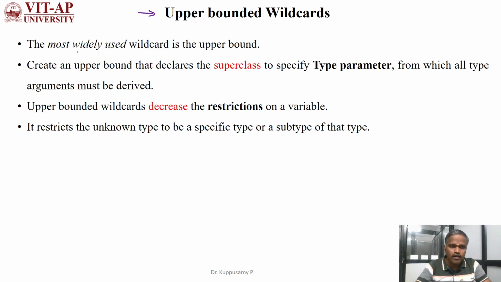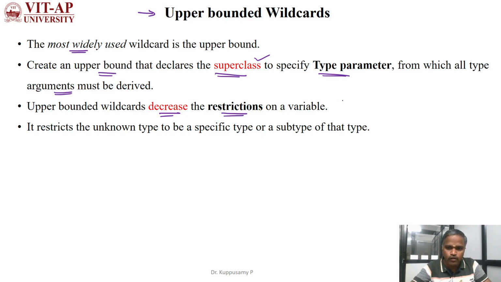This is the wildcard mostly used in Java generic programming, which creates an upper bound, that is, declaring the superclass to specify the type parameter, from which superclass the arguments must be derived. Upper bounded wildcards decrease the restrictions on a variable.